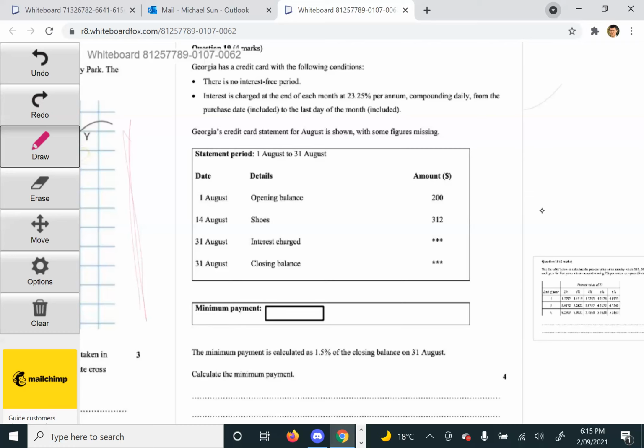Okay, so that means you have to go 200 times 1 plus your 8 or 14. That equals 201.79.